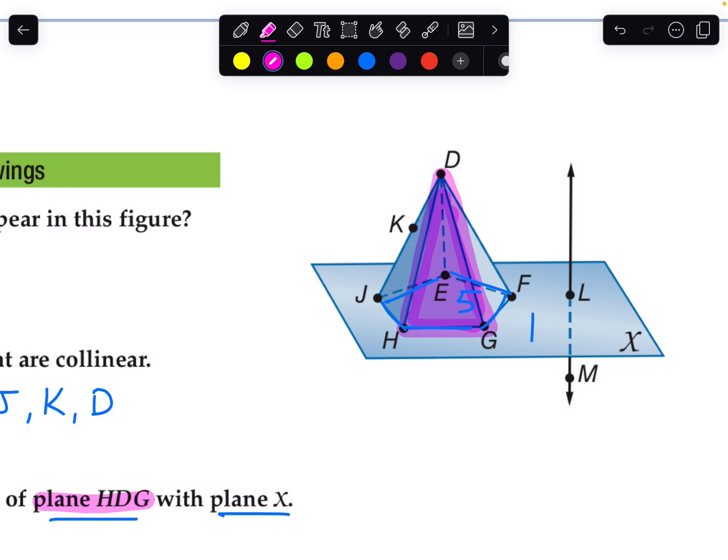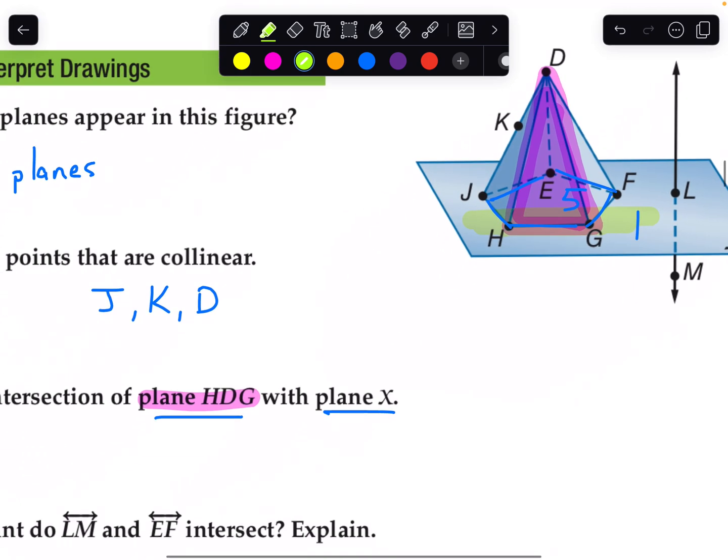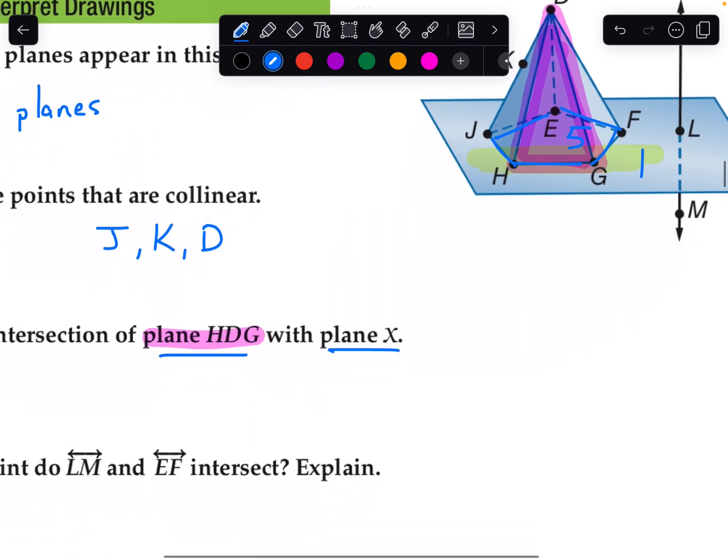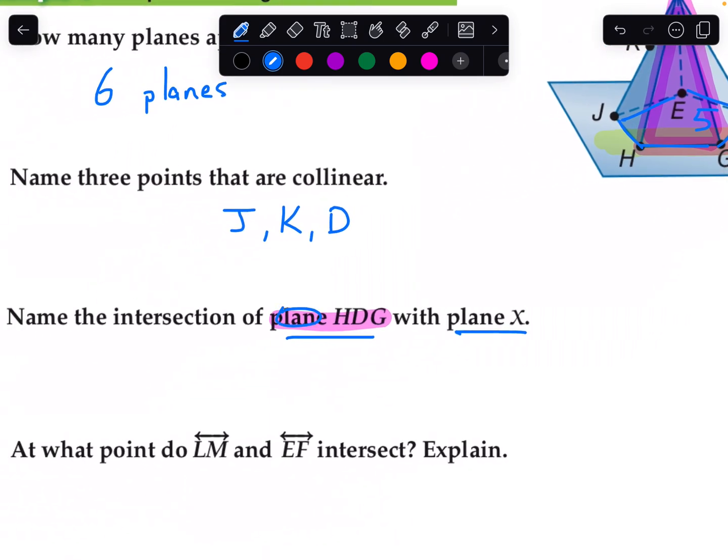And we're looking for which points are also on plane X, and that would be right here. H and G are also on plane X, so all the points between H and G form the intersection. Remember, the intersection of 2 planes is always a full line, so the answer is truly line HG, or GH.